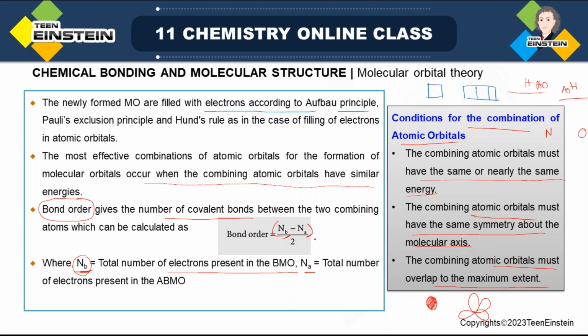Whenever you fill the molecular orbitals at different levels according to Aufbau, Pauli and Hund, you will fill the bonding MOs first, because they are lower in energy. Lower energy is filled first, and once they are filled up, you switch to antibonding. So this value of bond order will never be negative. Maximum you can get is 0 if these two numbers are the same, and 0 means no bond.